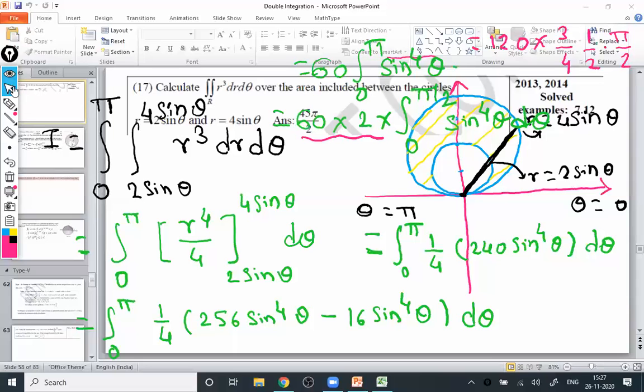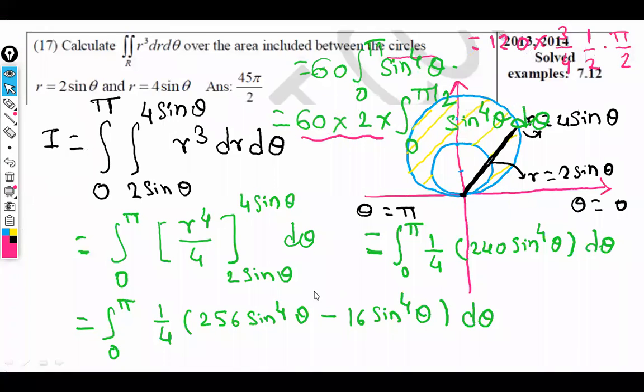Is it visible? This is actually a solved example. Let me show you that solved example. You will get that answer also.